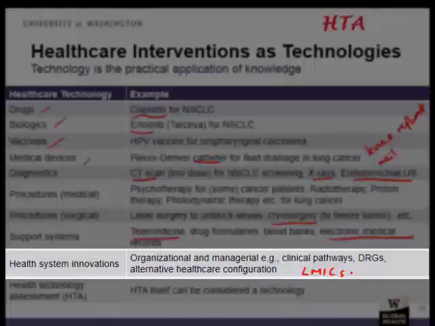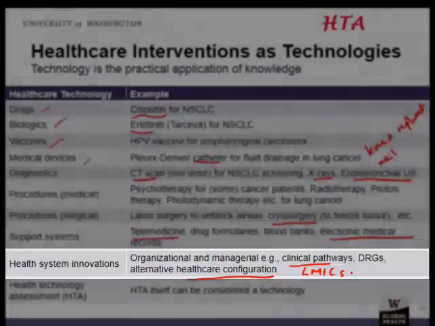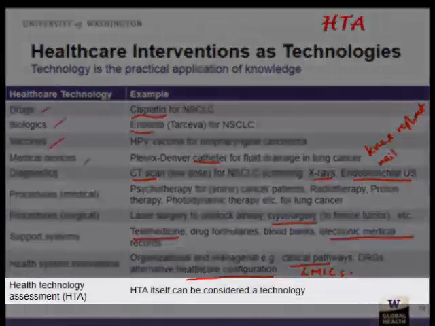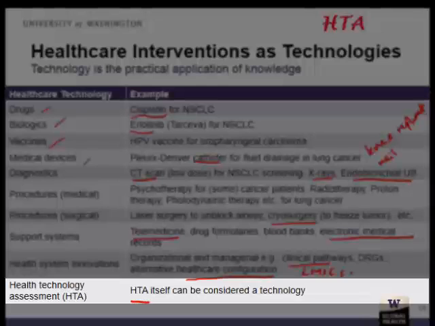So you have like changing clinical pathways or healthcare configurations, and sometimes you can do an economic evaluation of this kind of health technology or clinical intervention. And some people also consider HTA to be a technology in and of itself, because its purpose is to improve the healthcare system.